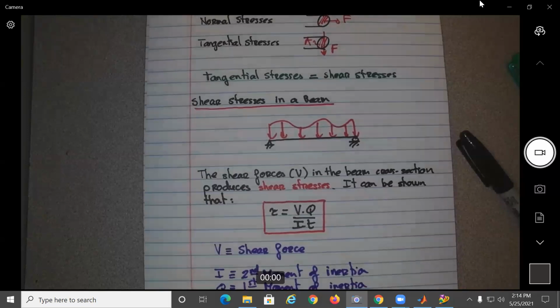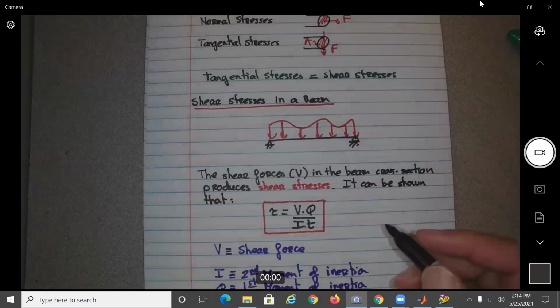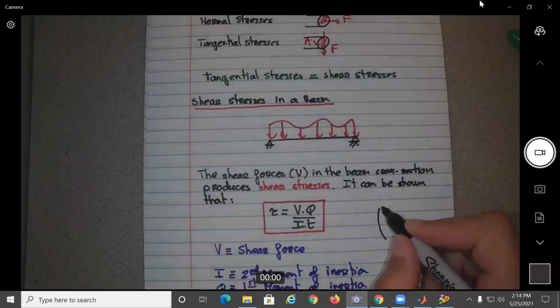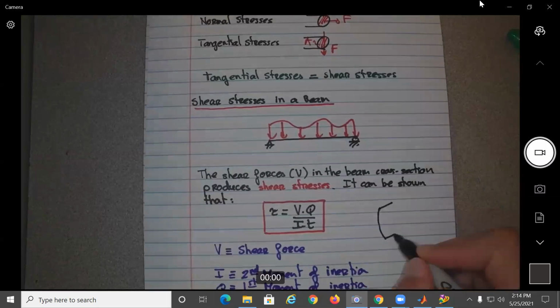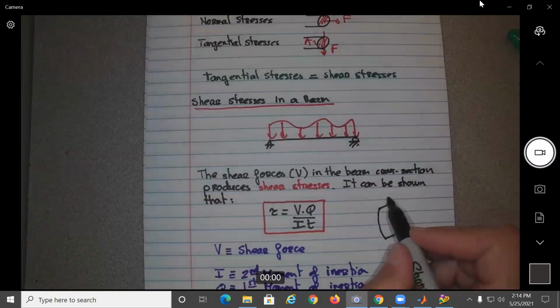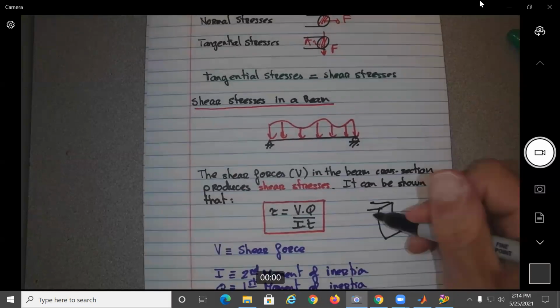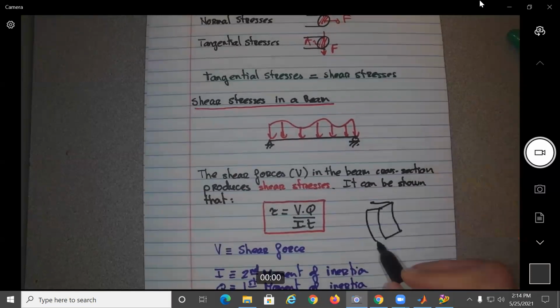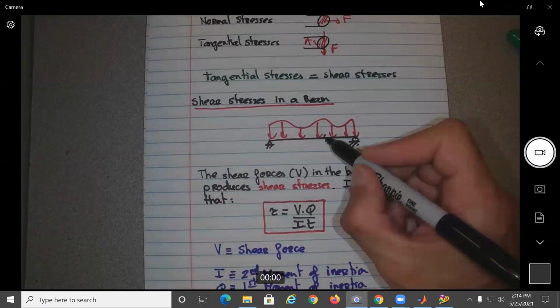So why do we have shear? I'm not going to do the derivation, but let's say this is a piece of this beam.